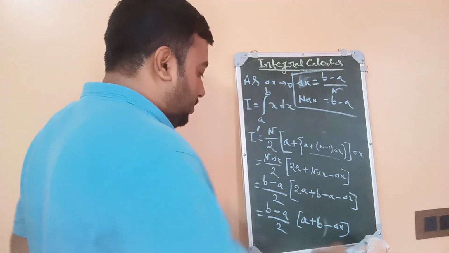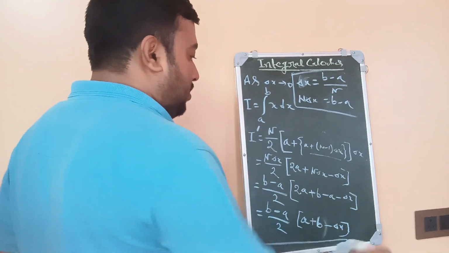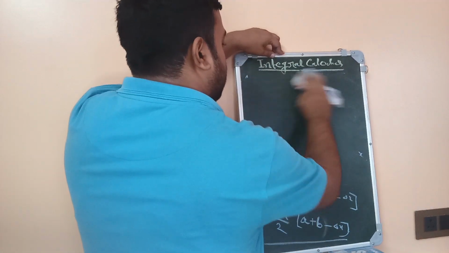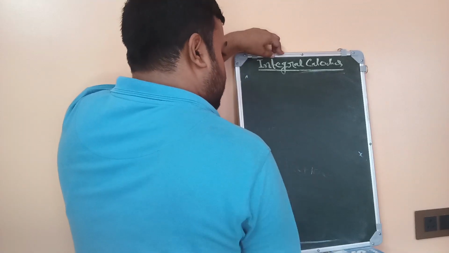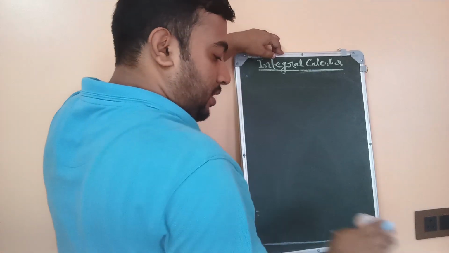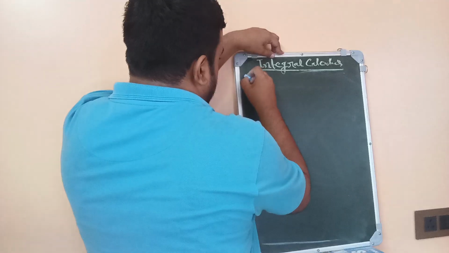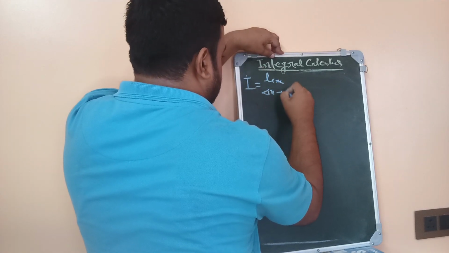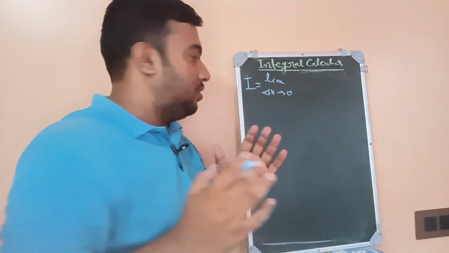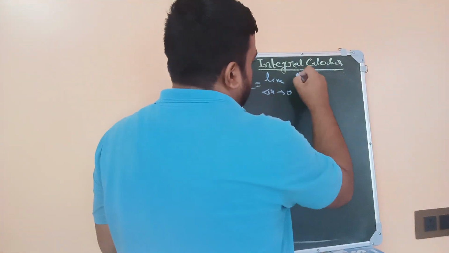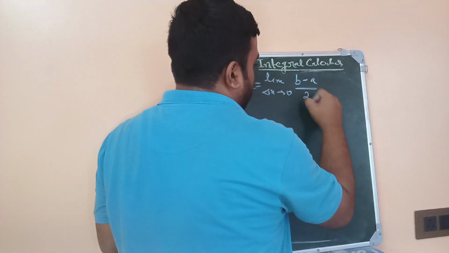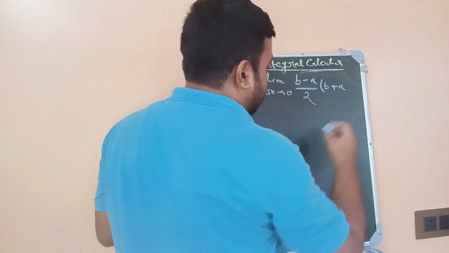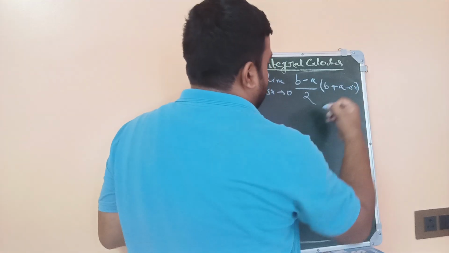So this is the area that comes out from the summation. Now we can see that if delta x tends to 0, so I = limit delta x tends to 0 of (b - a) by 2 into (b + a minus delta x).